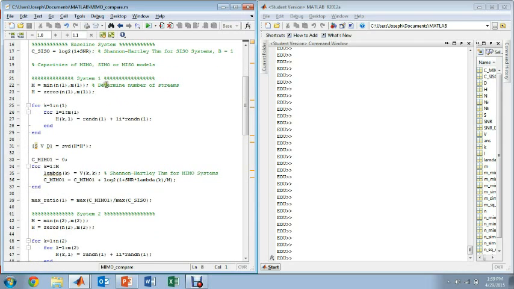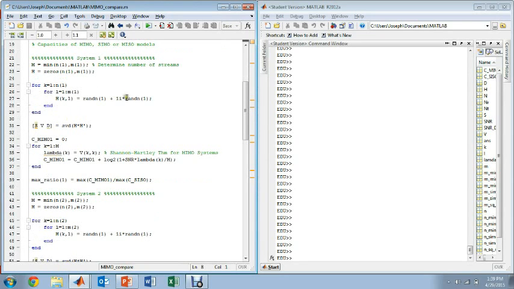Next, we look at our first MIMO system, and the first thing we do is calculate the number of streams, which is, as mentioned previously, the minimum of either the number of receiver antennas or the number of transmit antennas. Next, we generate a random transmission matrix, as this would change depending on the implementation in the field.